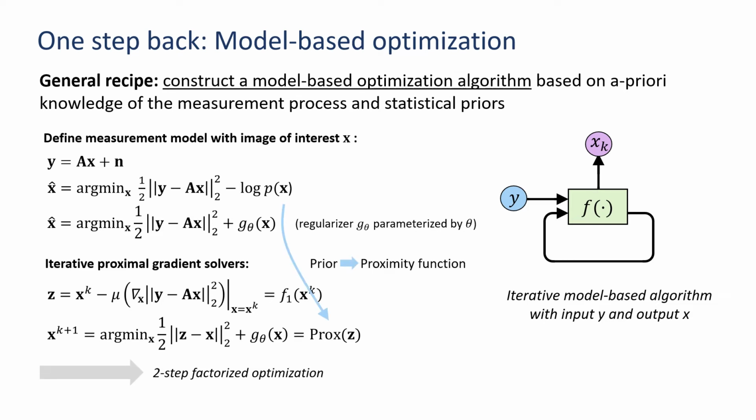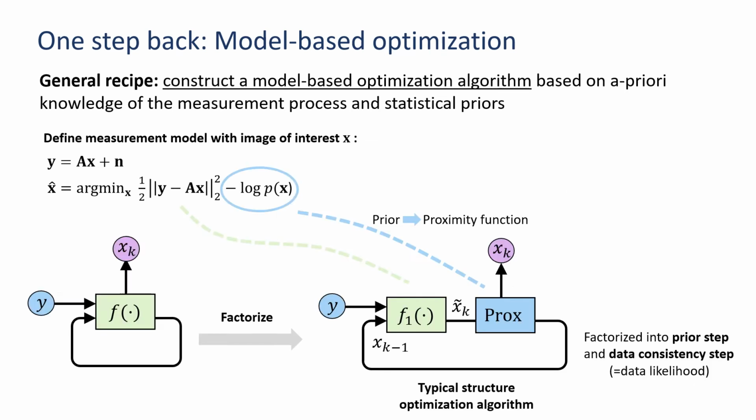And it's important to realize that this proximity function follows from the prior. So p(x) dictates this prox. And this is now a two-step factorized optimization problem that we can write in the following way. What we can do is factorize this iterative scheme that we have on the left and divide it into two blocks for every iteration.